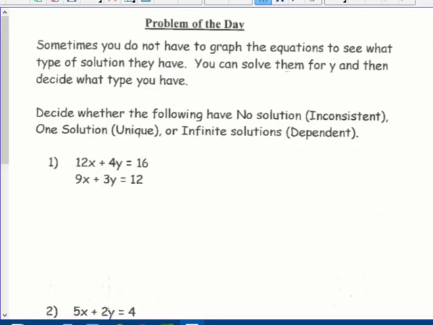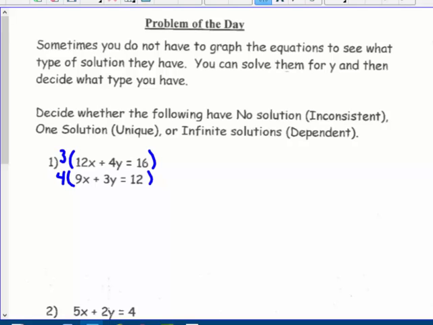So decide whether the following have no solution, inconsistent, one solution, unique, or infinite solutions, dependent. Number one, I would multiply the top equation by 3 and the bottom equation by 4, and then I'm going to get my y's to possibly cancel.